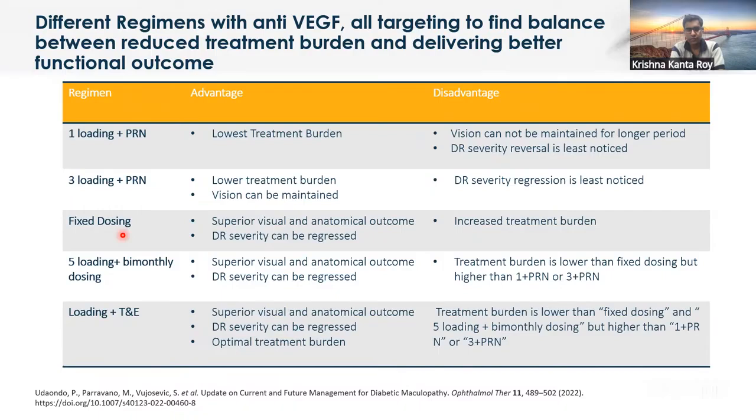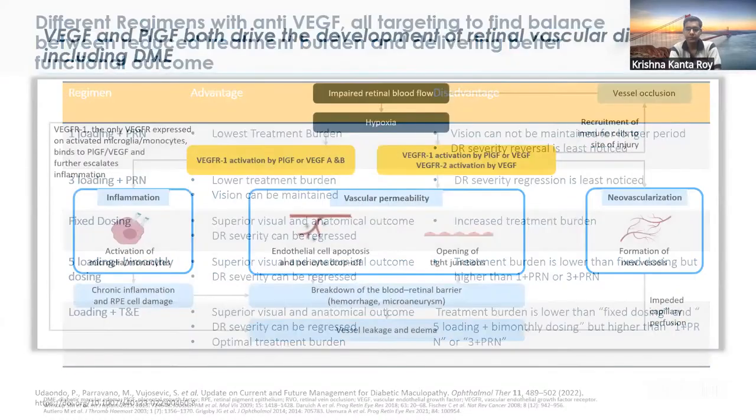This is a new concept we can follow right now. It is mainly followed for AMD patients, but right now we can follow this kind of regimen for diabetic macular edema also.